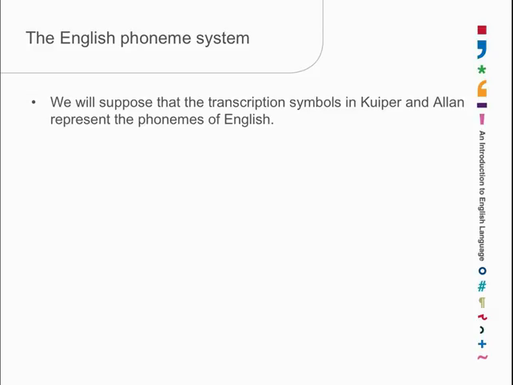P is not voiced and b is voiced. We also know that there are three nasals to go with them, a bilabial nasal, m, an alveolar nasal, n, and a velar nasal, ng. So the phoneme system consists of the particular phonemes that the language has and the contrasts that maintain, if you like, acoustic separation between them.